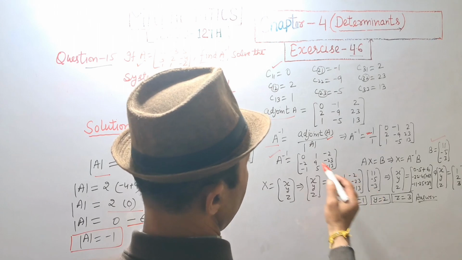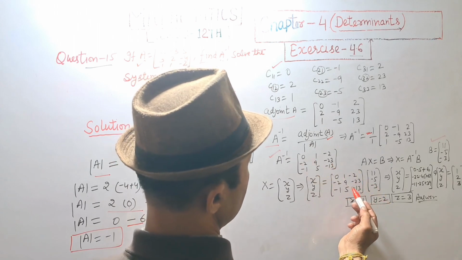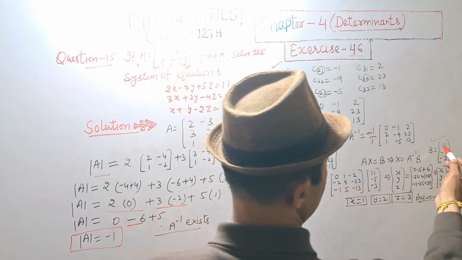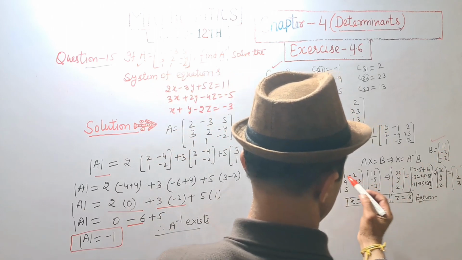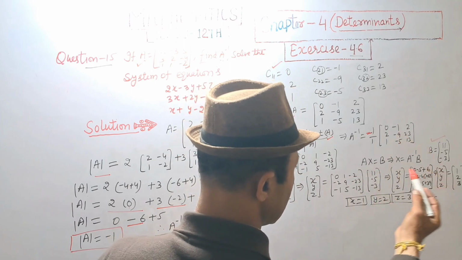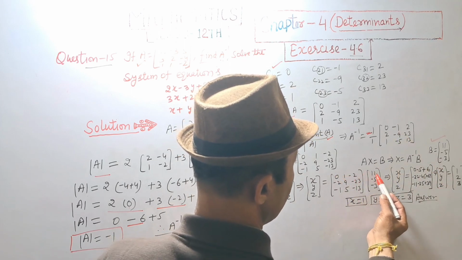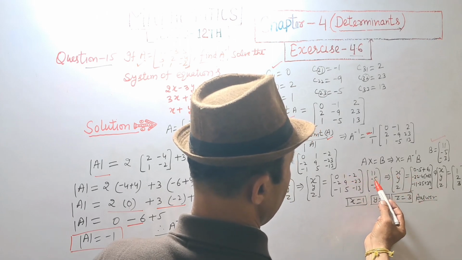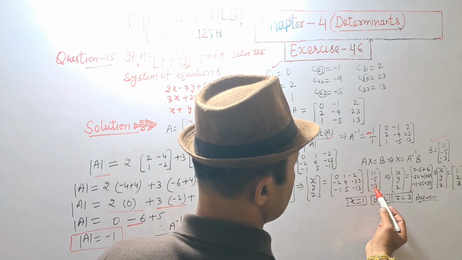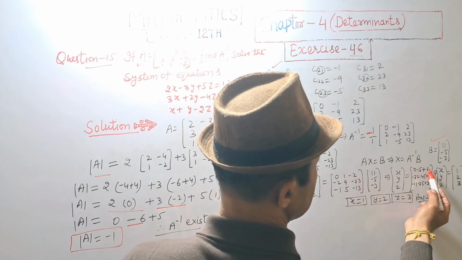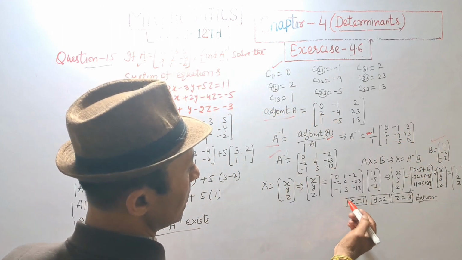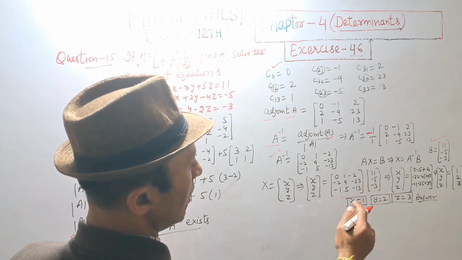We get 0 1 minus 2 9 minus 23, and -1 5 minus 13, and B is 11 minus 5 minus 3. First row multiply by first column, we get the value of X, and 0 multiplied by 11 is 0, 1 multiplied by -5 that is -5, and 2 multiplied by -3 is equal to +6. 6 minus 5 that is equal to 1. Its value of x, we get the value of x is 1.